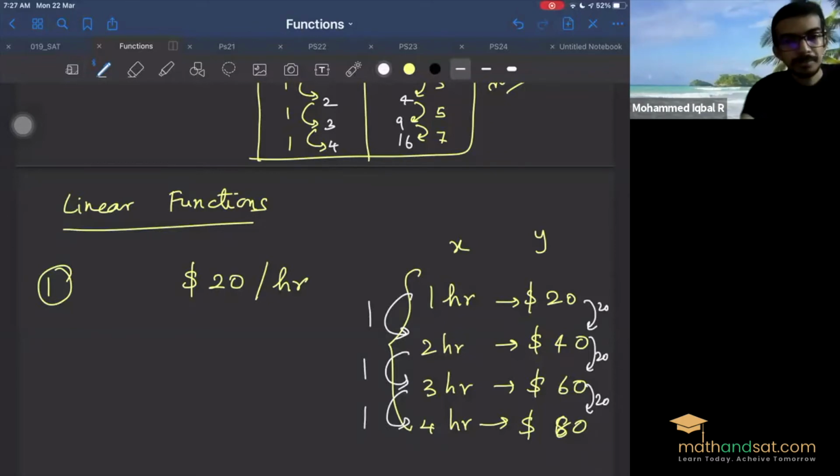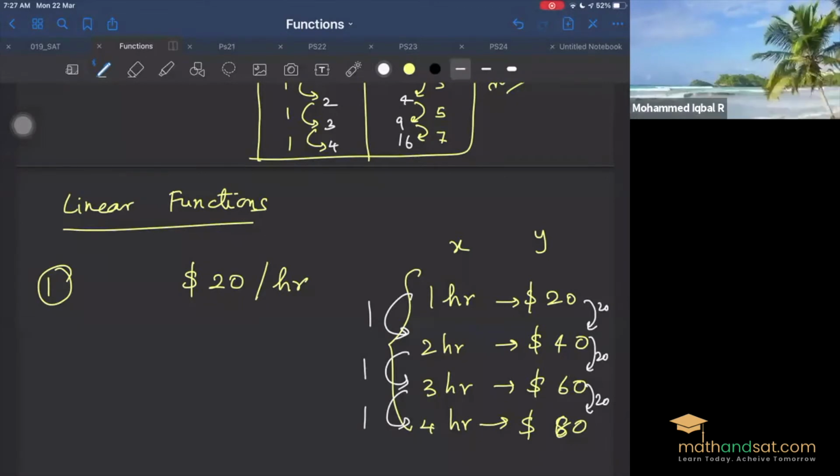Hello. Are you with me? Yes, it is a linear function, right?